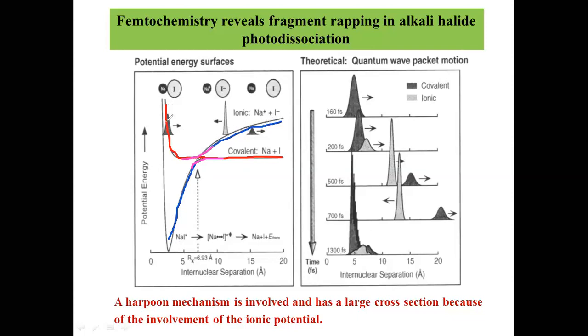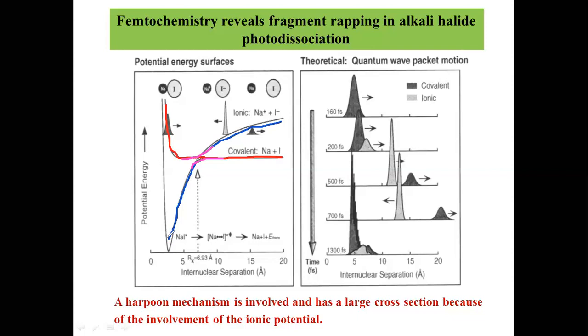This was covalent, then when the distance increases, it merges with the ionic curve. And the ground state one is the ionic curve, which goes like this, then becomes converted to the covalent curve. Okay, so the experiment is done like this.